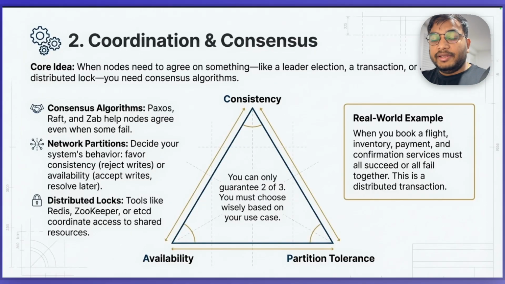Another core idea that we need to understand regarding distributed systems is coordination and consensus algorithms. When two nodes communicate with each other, they need to decide on something, right? They need to come to an agreement, right? To make that agreement, there has to be coordination among them, and they follow some algorithm such as a consensus algorithm to make the nodes agree even when one of the nodes fails, right?